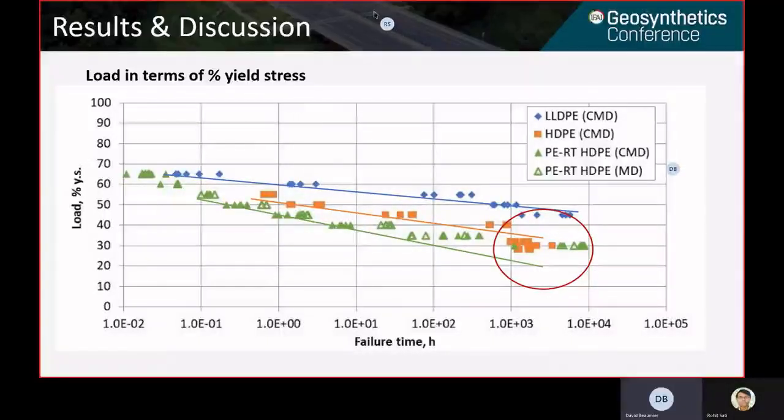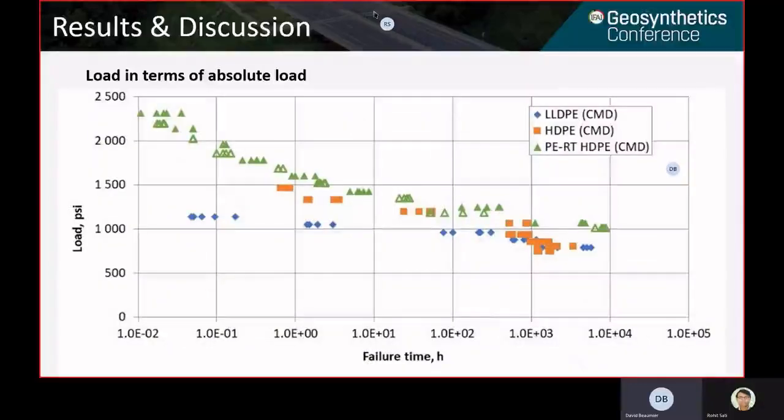And what we will see on the next picture, looking at it in terms of load in PSI versus failure time, is that at this point both materials are in about the same region, but leading to different times to failure after time.